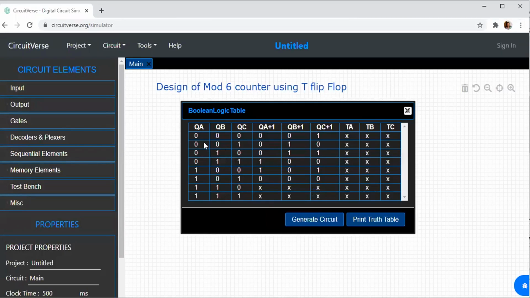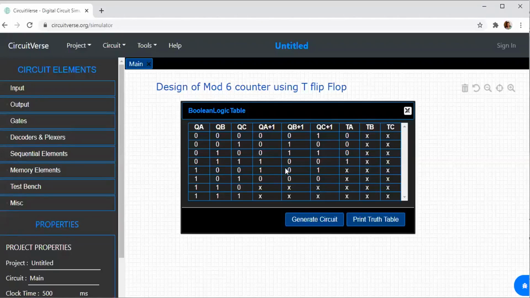Now what we have to do is look at QA and QA plus 1 and write TA. So 0, 0 will be 0. Again 0, 0 will be 0. 0, 0 will be 0. 0, 1 will be 1.